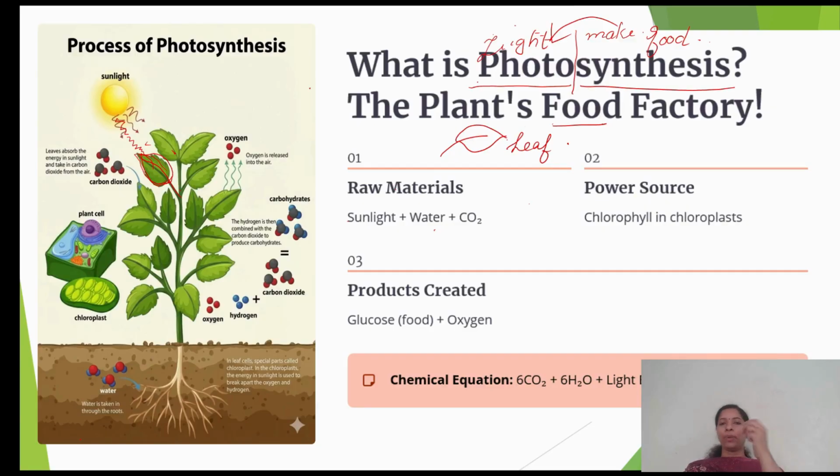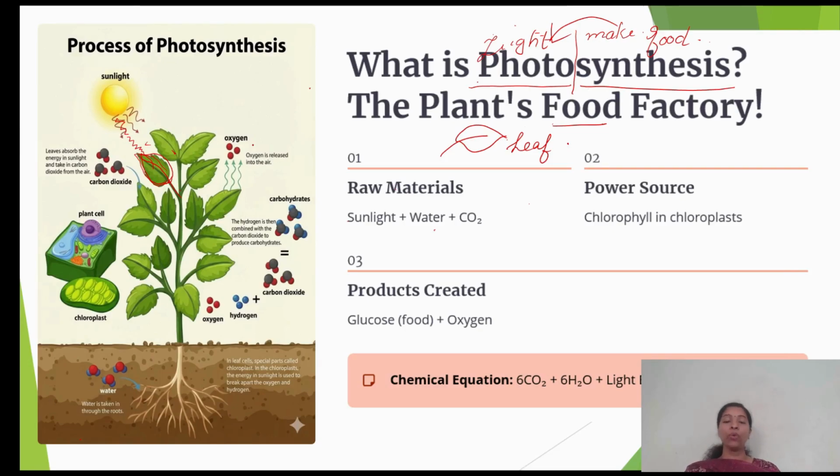You need all-purpose flour, egg, oil, baking soda. So many things are needed. Only when you take all these ingredients, you will get the cake, right? In the same way, for photosynthesis, leaves also need raw materials. Four different raw materials are needed for the process.